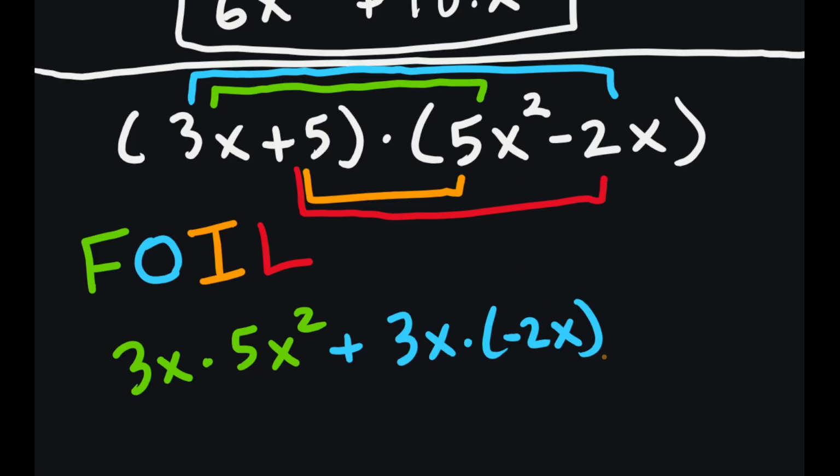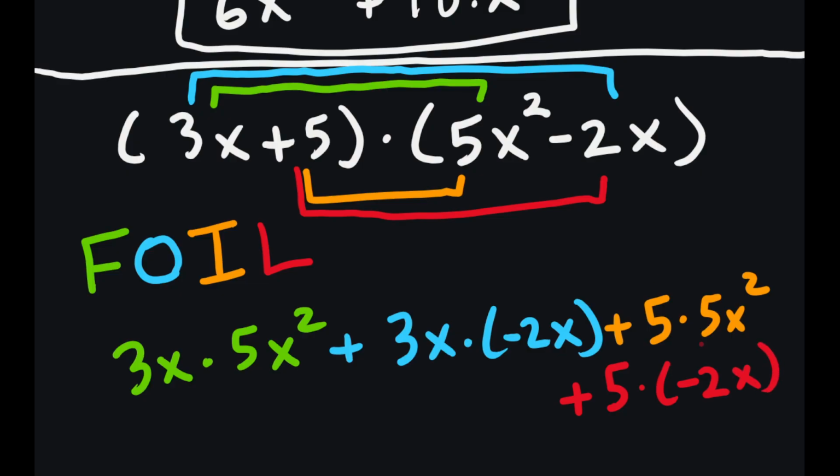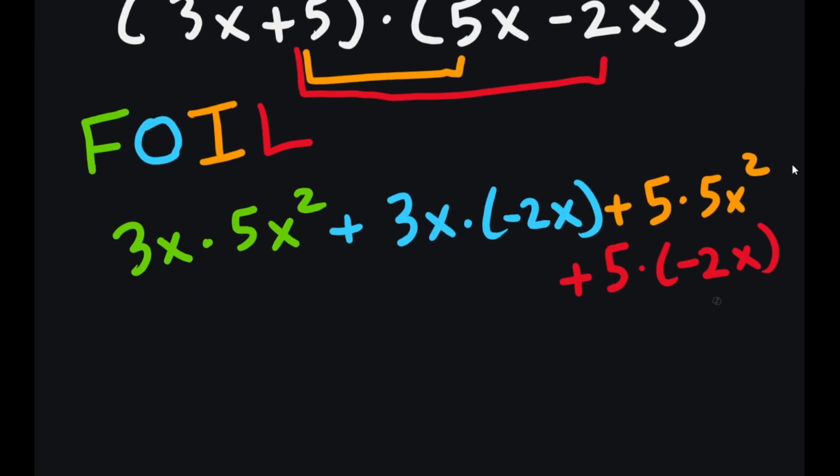The inner, I'll write in orange, plus 5 times 5x squared. And I'll write the last in red just right below it. So plus 5 times negative 2x. Excellent. So let's scroll down a little bit.